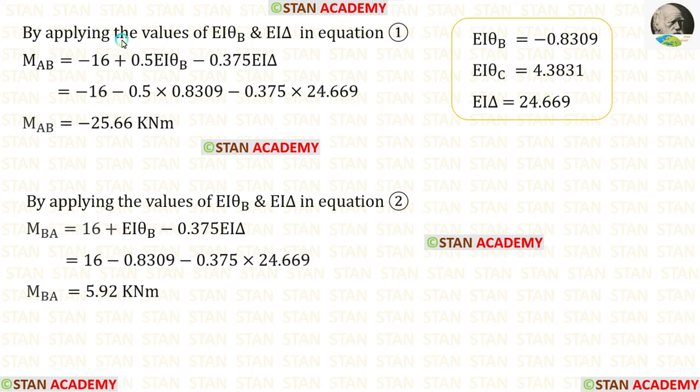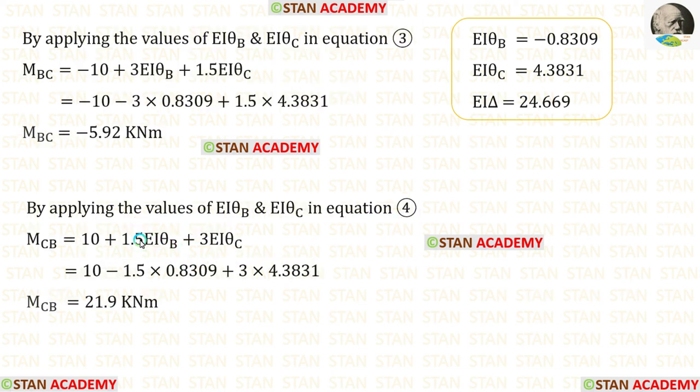When we apply the values of EI theta B and EI delta in equation number 1, we are getting MAB. When we apply the values of EI theta B and EI delta in equation number 2, we are getting MBA. When we apply the values of EI theta B and EI theta C in equation number 3, we are getting MBC. When we apply the values of EI theta B and EI theta C in equation number 4, we are getting MCB.